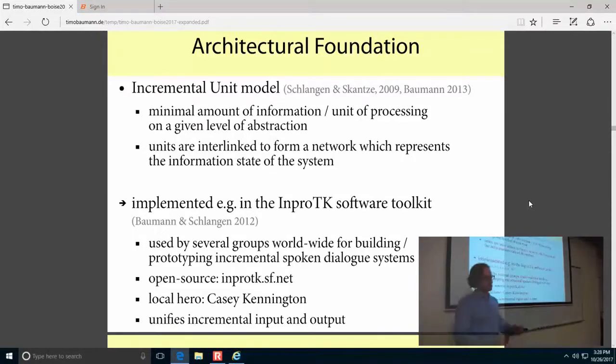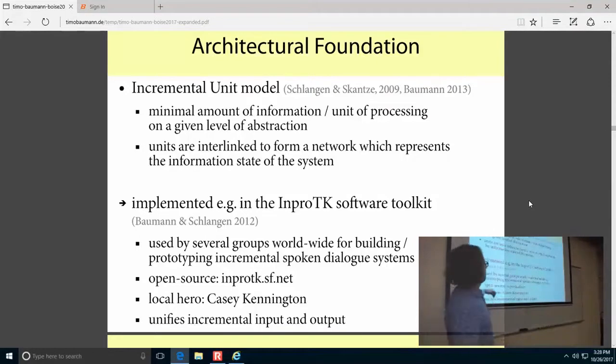For speech sounds it could be tiny slices, this is a technical view, tiny slices of audio that you then turn into a speech sound or that constitutes the speech sound. And these units are interlinked. So they aren't standing alone, but a word consists of a set of phonemes, or a sequence of phonemes even. And a word probably has a word following it, and the word constitutes some meaning, and so on. So all these units are interlinked.